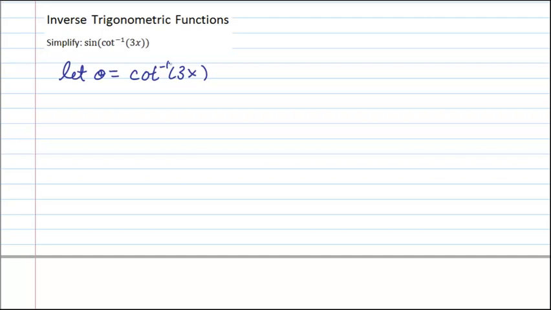So let's take the cotangent of both sides. Cotangent theta will just equal 3x, since the cotangent and cotangent inverse are inverse functions.